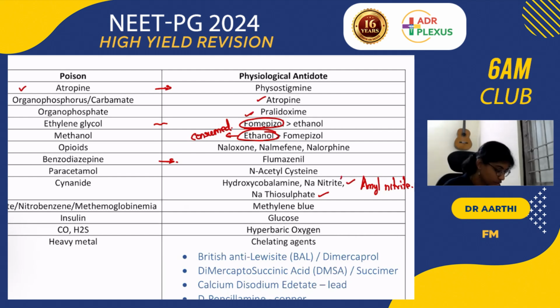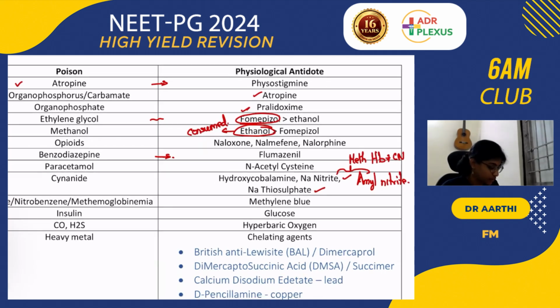Both of these are going to be helpful to produce methemoglobin. This methemoglobin will act with cyanide. You get cyanmethemoglobin, and that cyanmethemoglobin will be taken out by your sodium thiosulfate.